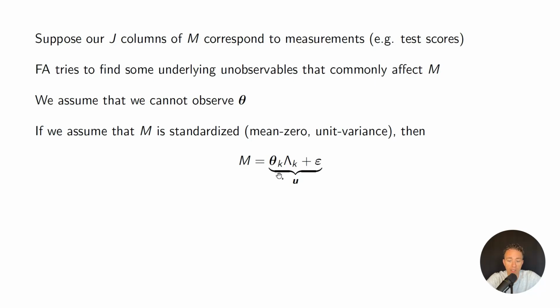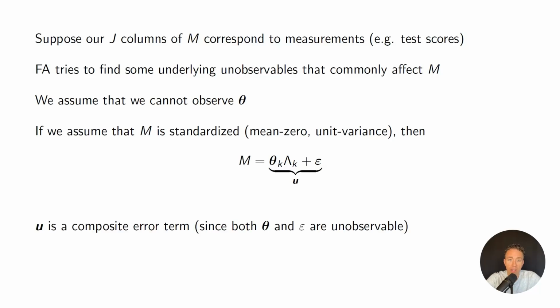And so we have basically a composite error term that we're labeling U. For now, I've kept this theta k lambda k notation from the prior video on PCA just to ground your understanding. We could drop the k's and just have theta times lambda, and that's probably more appropriate, but I just wanted to keep the notation analogous to the PCA video.